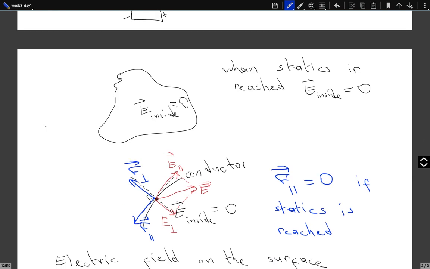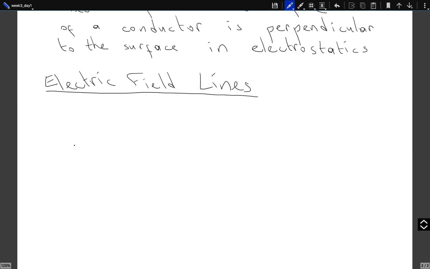So what we do is, for example, if you look at a point charge, the electric fields are always pointing away, that we had already discussed. So they will just look like this. They will get smaller as we are moving away from the charge.